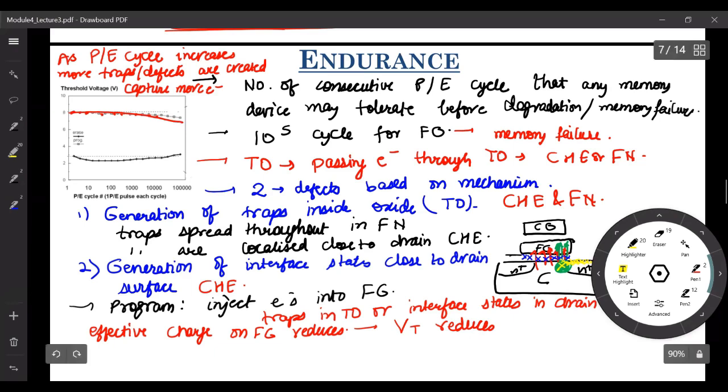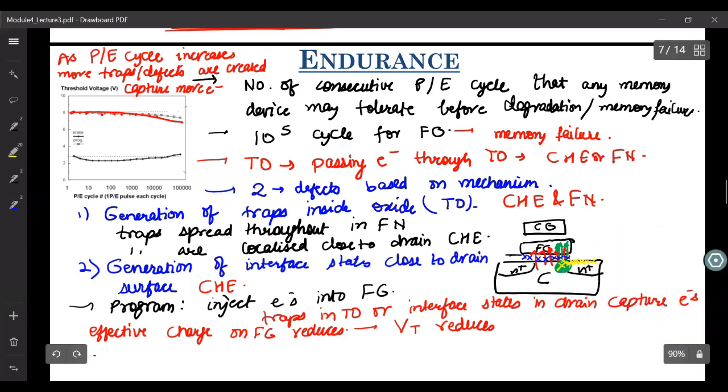Okay, now what about the erase mechanism? For erase, you want to pull out charges from the floating gate back to the channel.